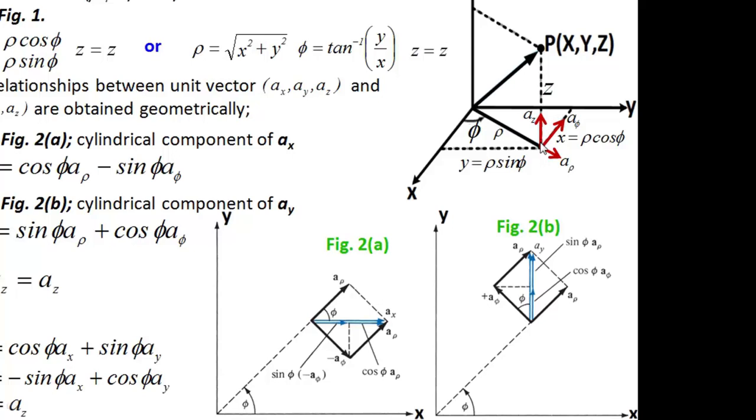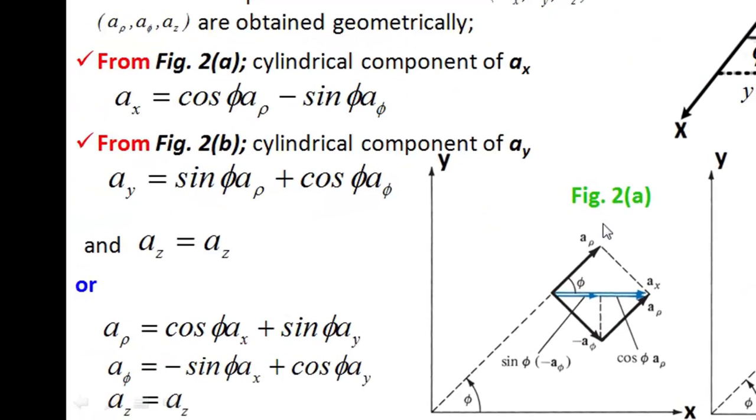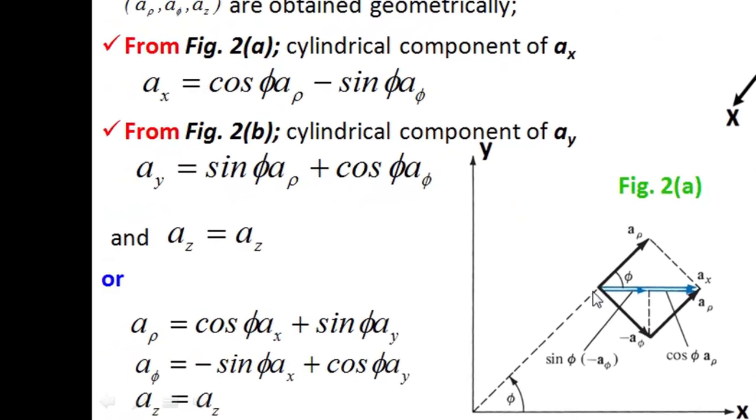If we break this figure into a 2D plane, the a rho component will lie in the xy plane. That's why I have taken the xy plane as figure 2a. In this, a rho is making angle phi with the x-axis, whereas a phi will be perpendicular to a rho.